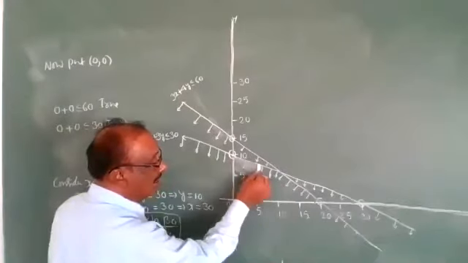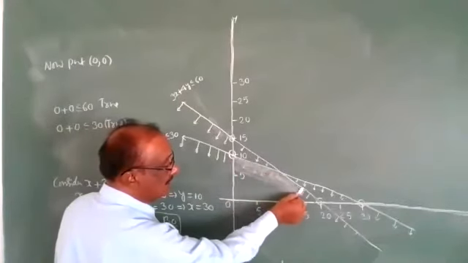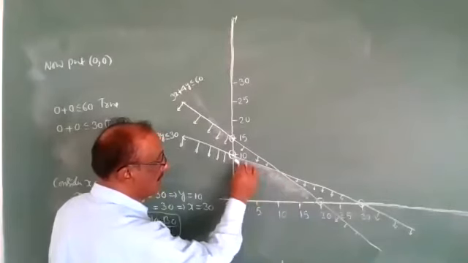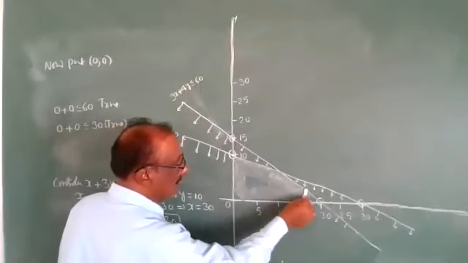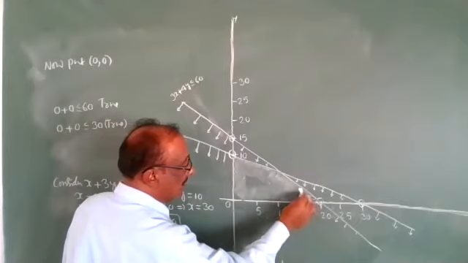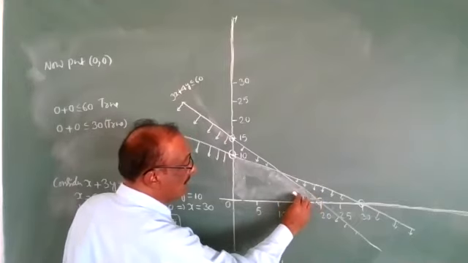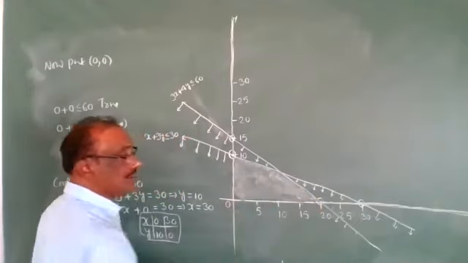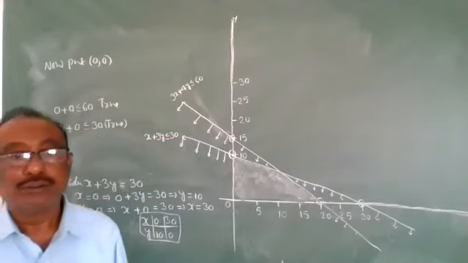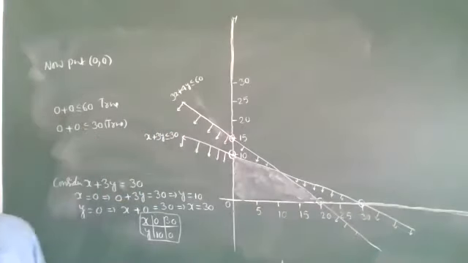This space is the common region. Right. Finish. See, in our textbook we also get the same graph.